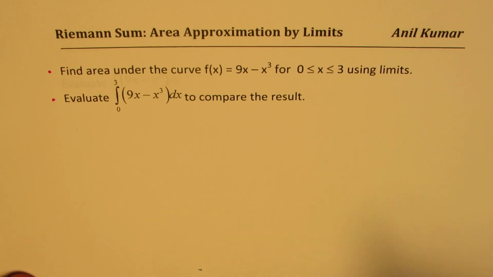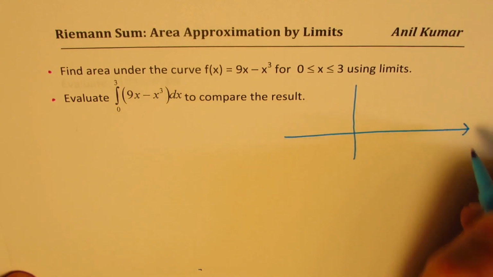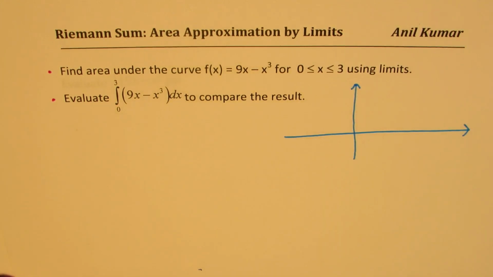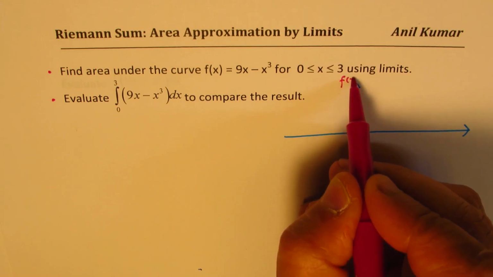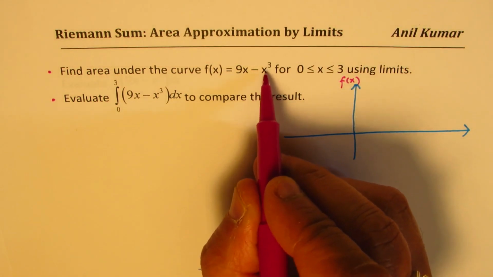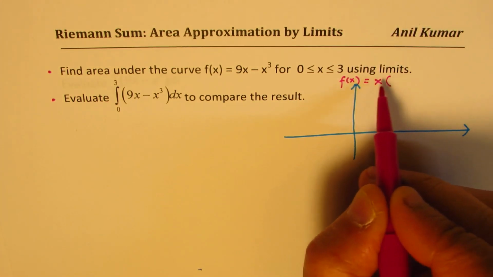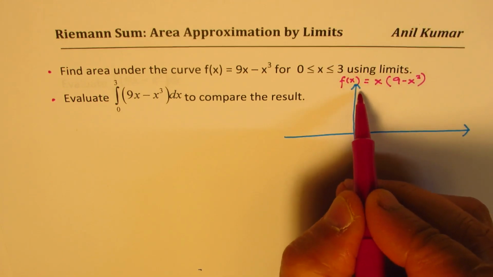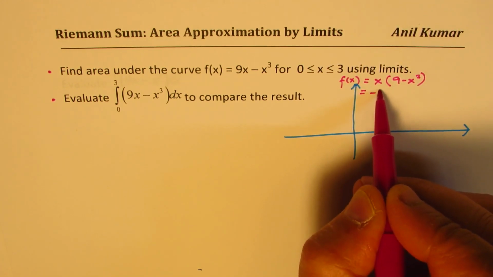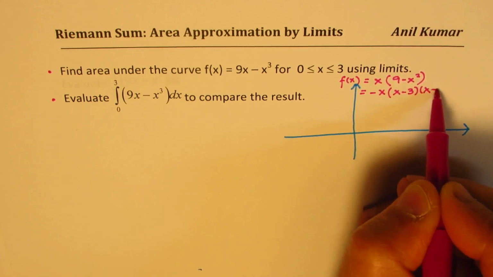Now, the idea here is to use both methods of finding area and see how close we are to the results. When I say that the function f of x is 9x minus x cubed, I could factor this as x times (9 minus x squared), which I could also write as minus x times (x minus 3) times (x plus 3).